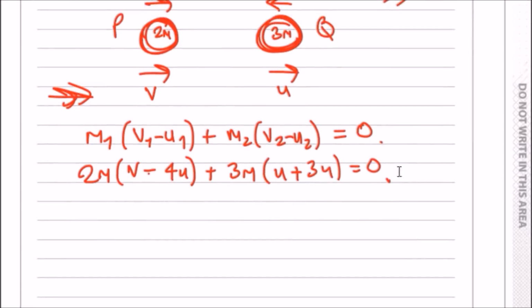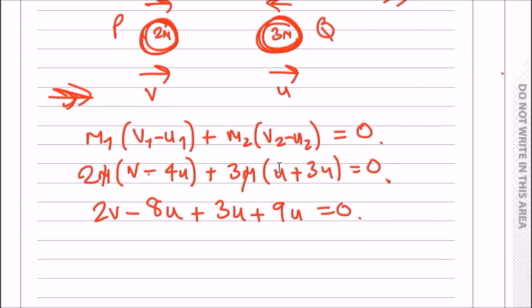Firstly, we can cancel all the m's out because if you divide m across, it'll be gone. And expanding the bracket, we now have 2v minus 8u plus 3u plus 9u equals 0. Now finally, let's collect like terms.